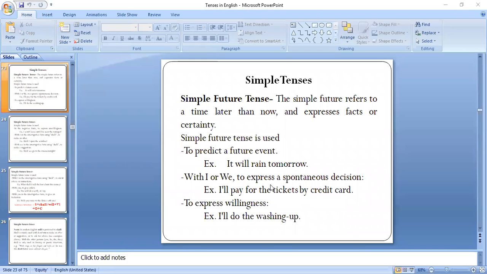So for expressing a spontaneous decision, we use the simple future tense. Then, to express willingness, we also use the simple future tense. For example, I will do the washing up. What it means? की मी आज कपडे धुणार आहे किंवा मी आज स्वच्छता करणार आहे.